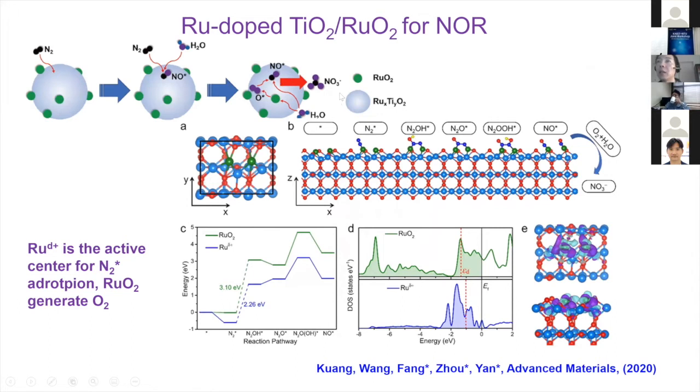The idea here is that lanthanum doped into titanium oxide will become the active center for the nitrogen oxidation. The lanthanum oxide can help the oxidation of the nitrogen, because in the nitrogen oxidation process you do need some oxidation species.